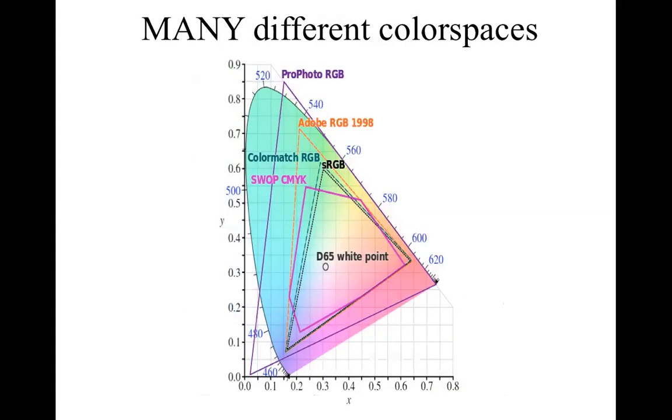So if you change the primary colors, you would obtain other gamuts. And here you have many different color spaces that I'm not going to dive into. So you have ProPhoto RGB, cyan, magenta, yellow, and black, that is used for printing, standard RGB, Adobe RGB, and so on.